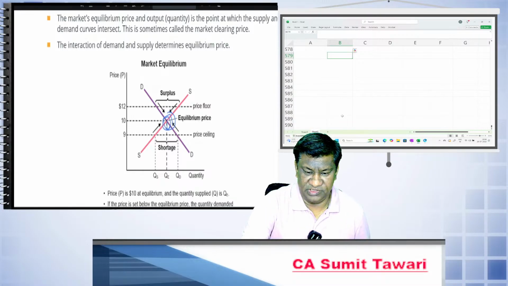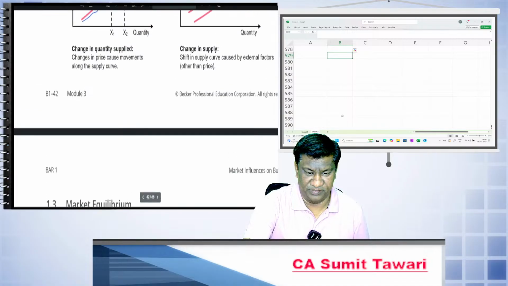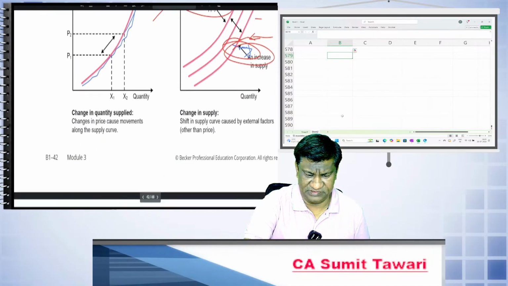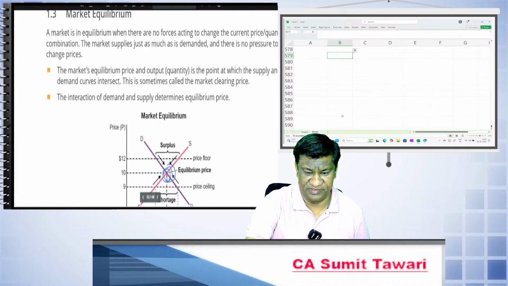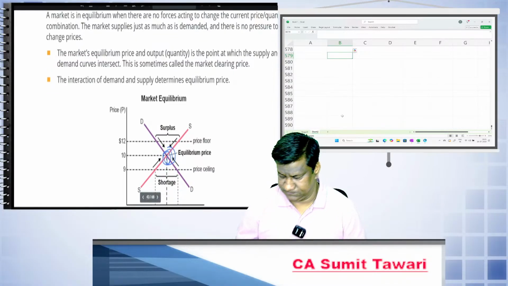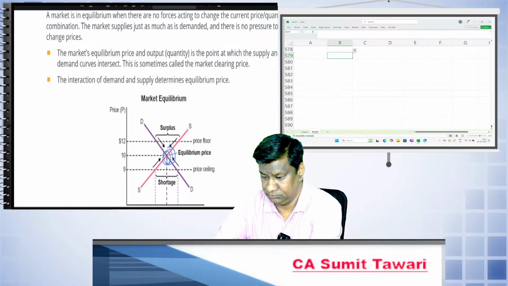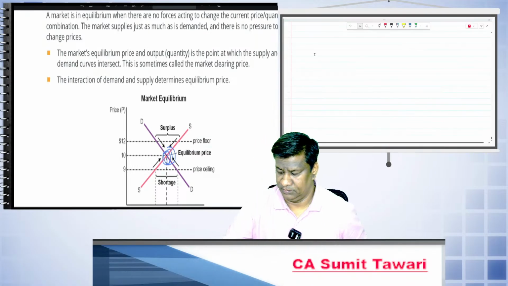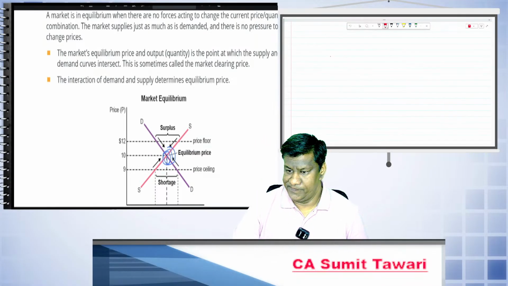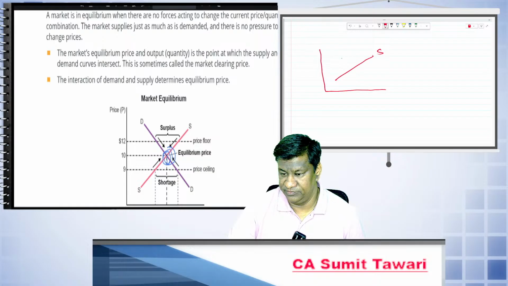Okay. So in last class, we completed demand and supply, and we just started market equilibrium. So market equilibrium is basically, this is my supply curve and this is my demand curve.